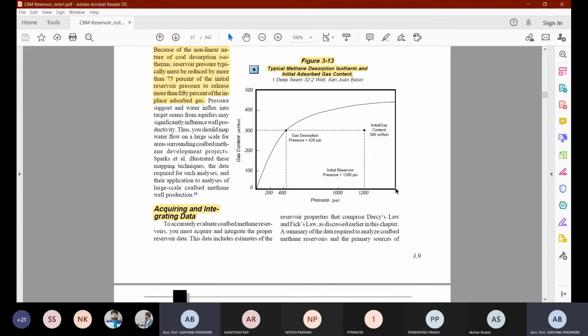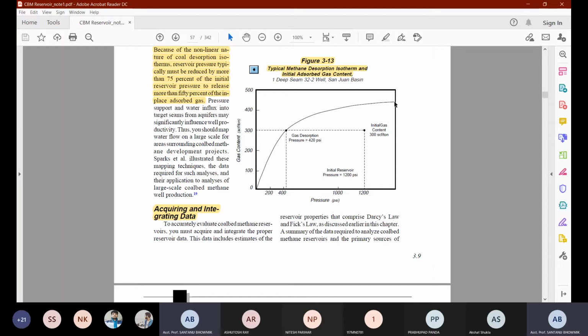Suppose you can see that if I take this last corner, suppose it is going to give you 1500 psi. At 1500 psi at this point, you are going to get approximately 430 or 425 SCF per ton gas content. That is for that particular type of coal, for this particular type of reservoir.